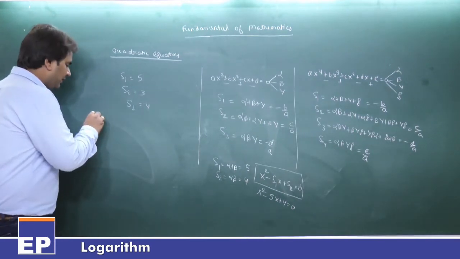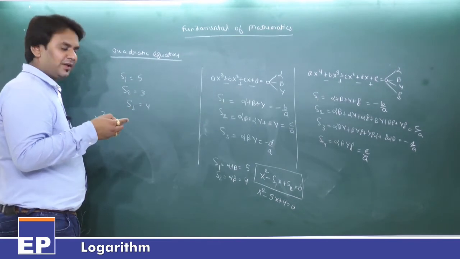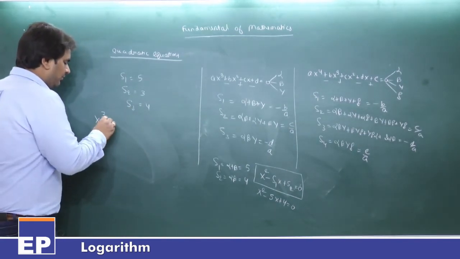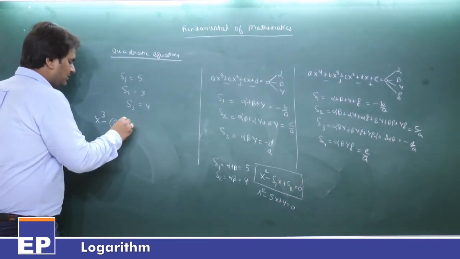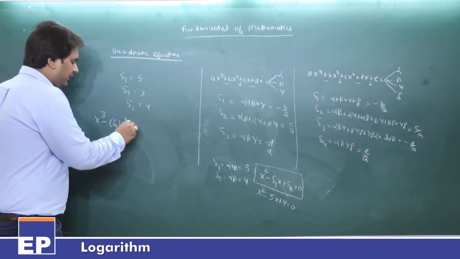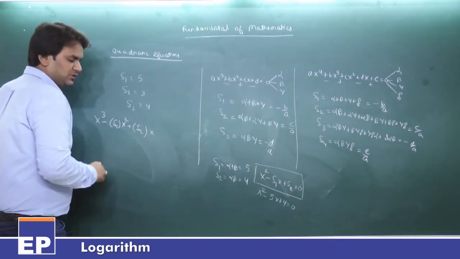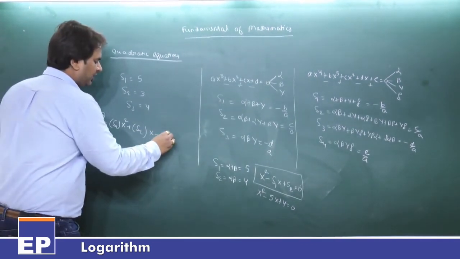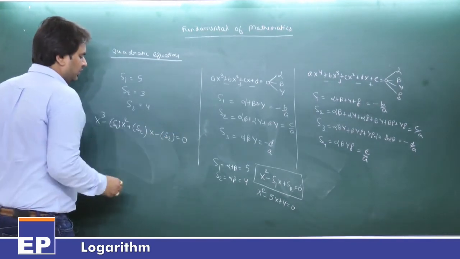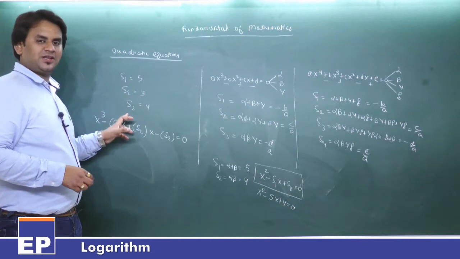So the formula will become x to the power 3. You have to use alternate positive and negative signs. X to the power 3 minus S1 into x square, then plus S2 into x, and then minus S3, that will be equal to 0. This is the formula to calculate the cubic equation whose S1, S2, S3 are given.